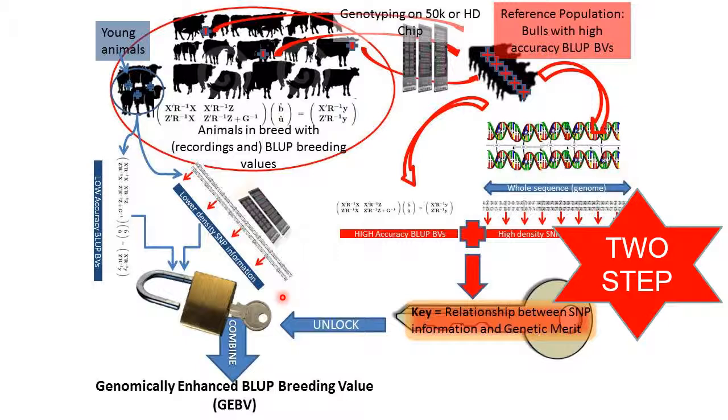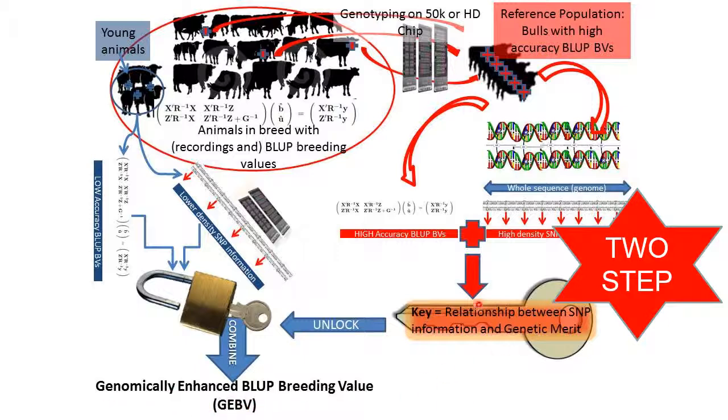So each of these SNP effects are just summed up or added together, and it gives you a direct genomic value. This is, however, then again combined with a BLUP breeding value, and that results in a genomically enhanced breeding value, or the GEBV.